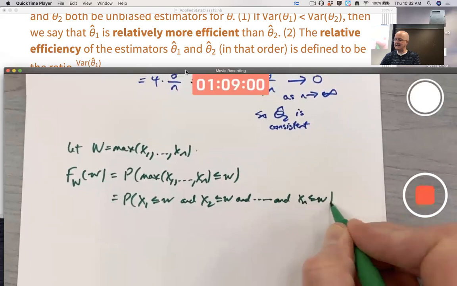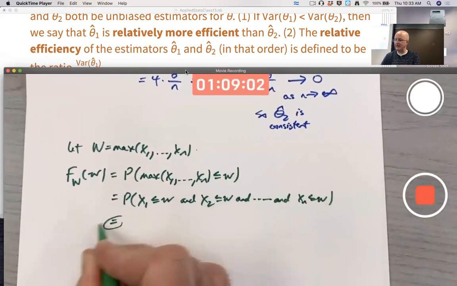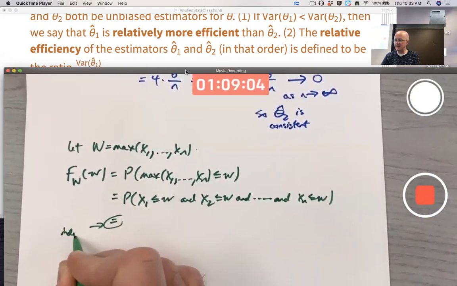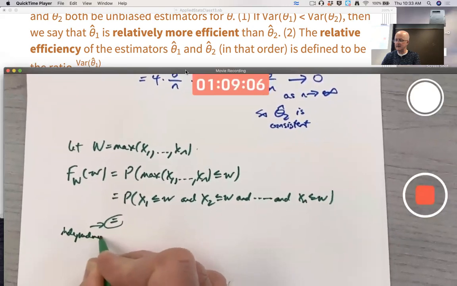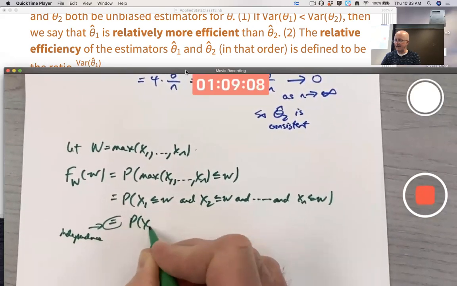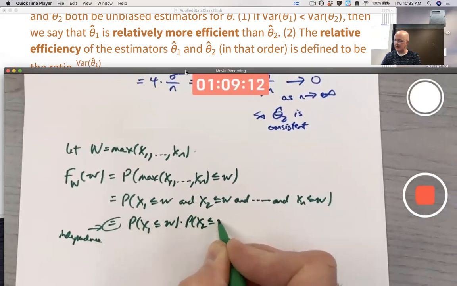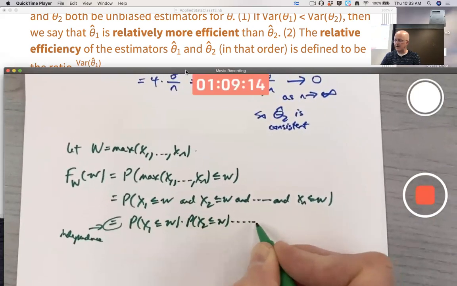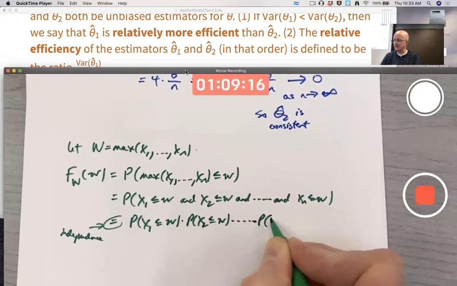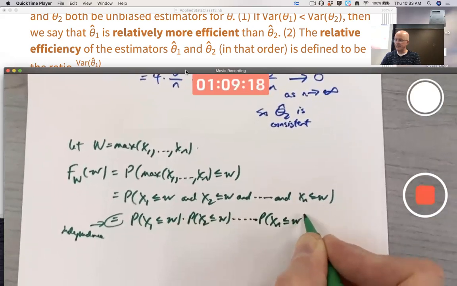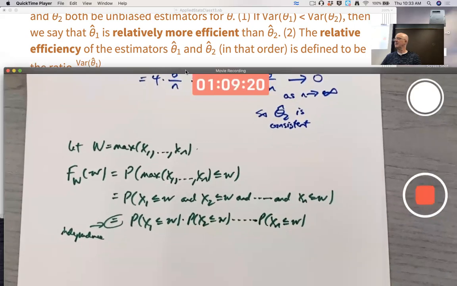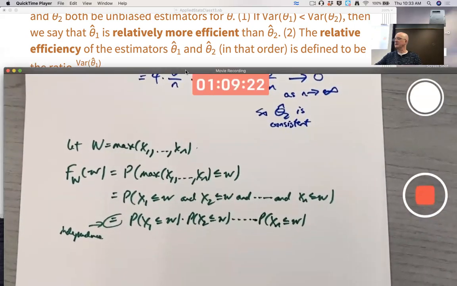So I got a bunch of ands here. Our old friend independence comes into play again. Multiply all these probabilities. Begging a question, what are those probabilities?